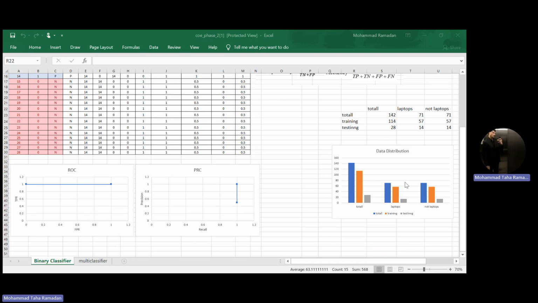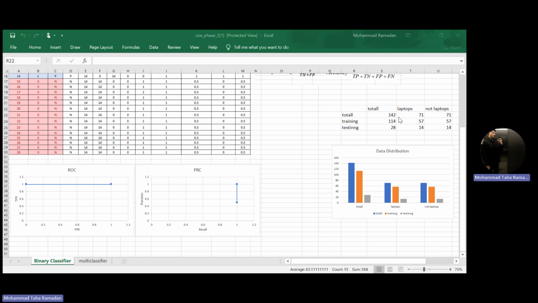Here we can see the total of the training and testing as 142, as we said, with 71 laptops in total and 71 non-laptops as well. In training, there were 57 laptops and 57 non-laptops, and in testing 14 laptops and 14 non-laptops. And this is the data distribution of the total training and testing in this diagram.